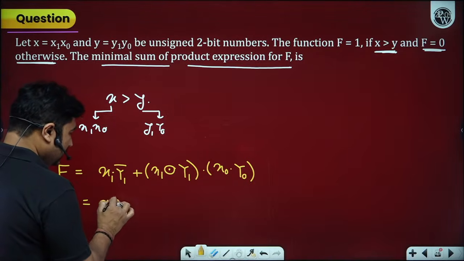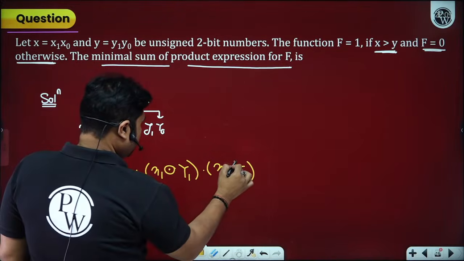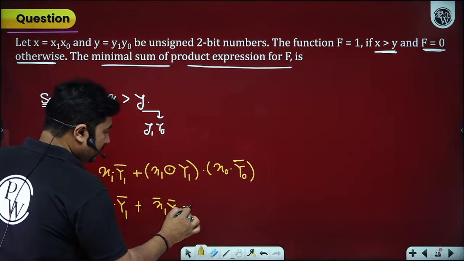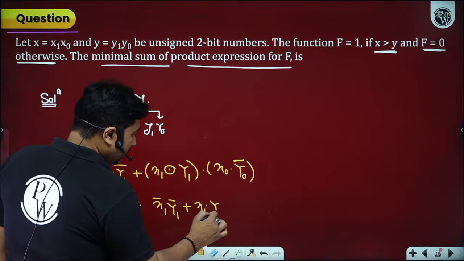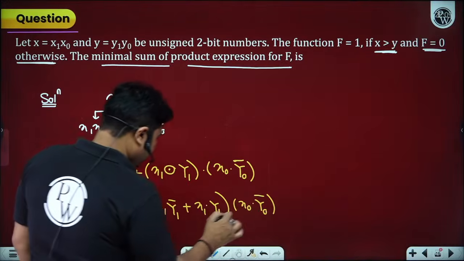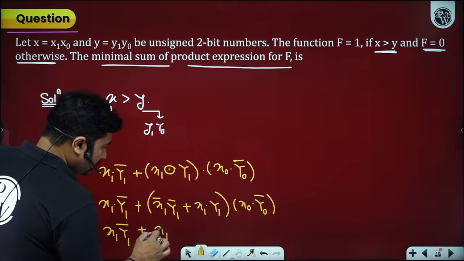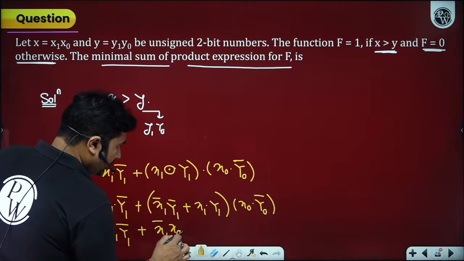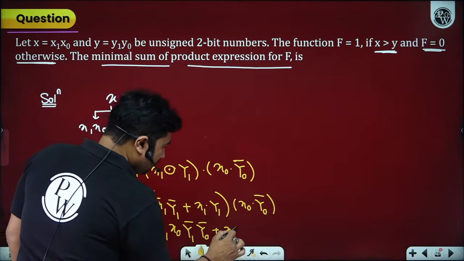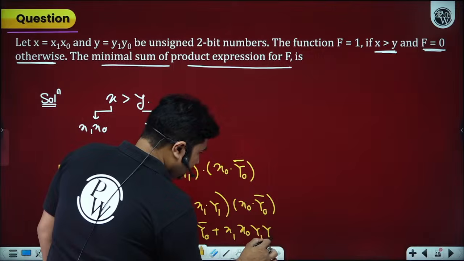So x1 y1 complement plus x1 complement x0 y1 complement y0 complement plus x1 x0 y1 y0 complement.